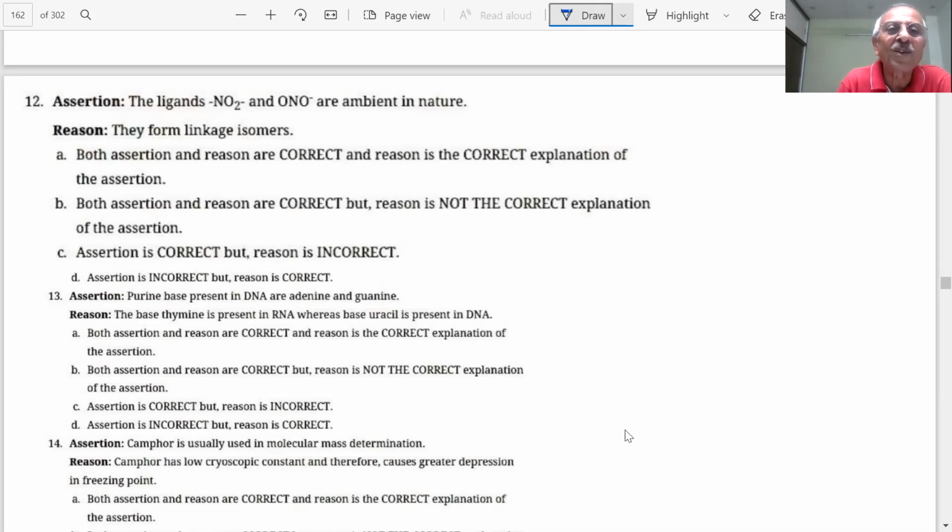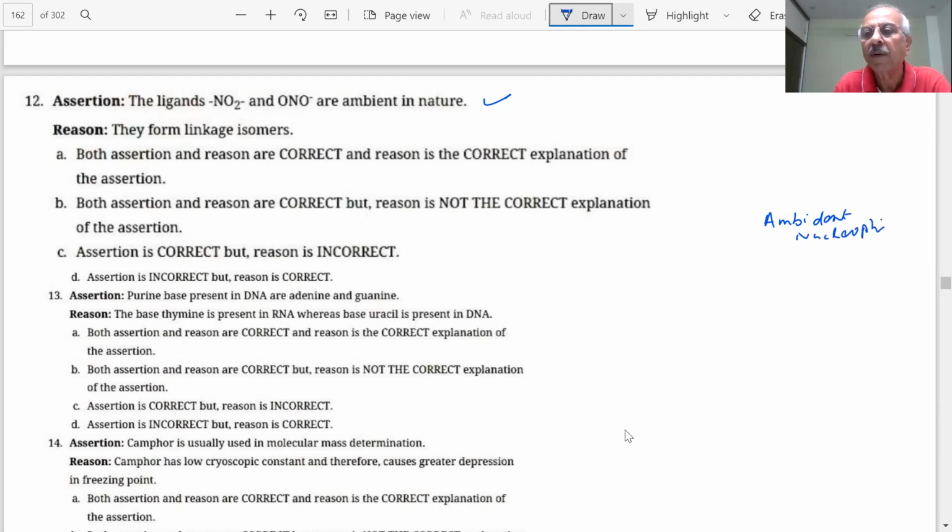The ligands NO2 and ONO are ambident. Is the statement correct, student? You have read about ambident nucleophiles. What are those ambident in nature? When we studied nucleophiles, we also studied coordination compounds.